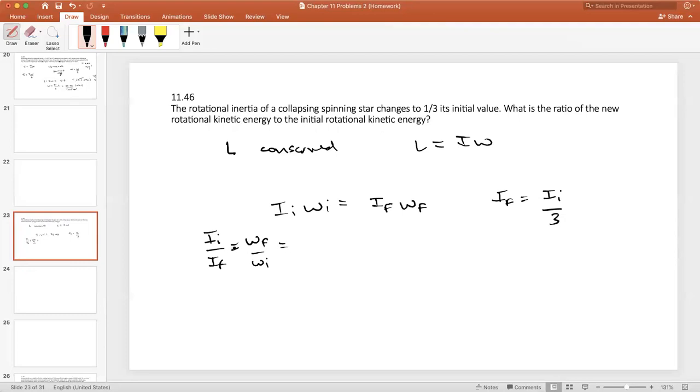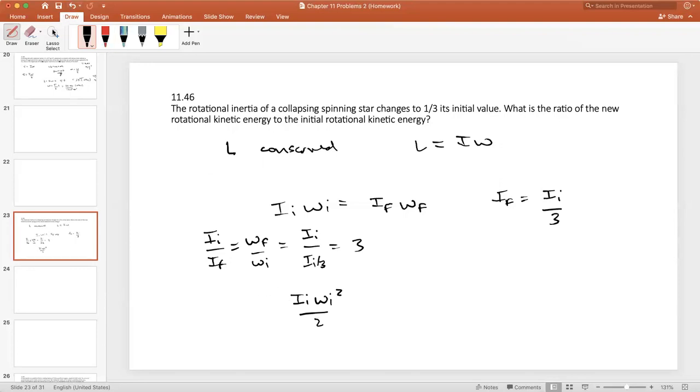I initial divided by I initial over 3 is 3, okay? So we have I initial omega initial squared over 2 is the initial kinetic energy. And we want the ratio of the new kinetic energy.